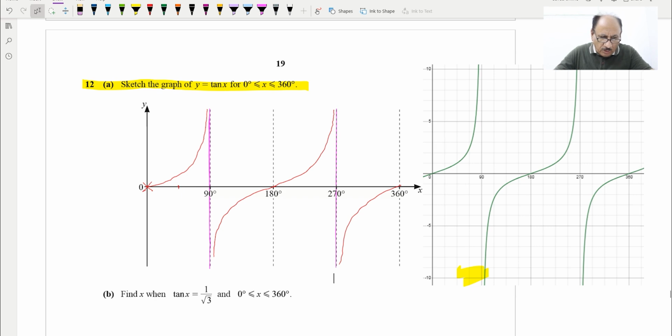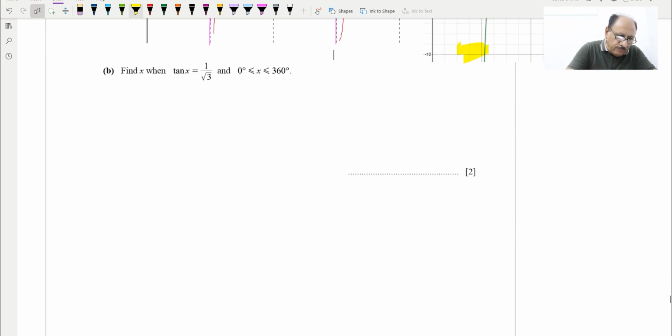Hopefully you understand this. Now for the B part, they're saying find x when tan x is equal to 1 over under root 3, from 0 to 360 degrees. So if we take x is equal to tan inverse of 1 over under root 3, what will this be equal to?